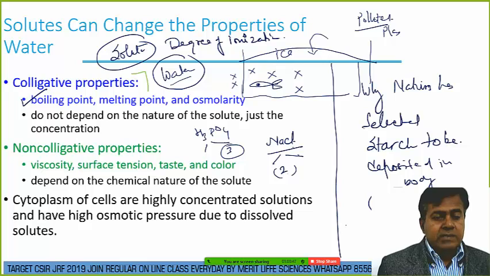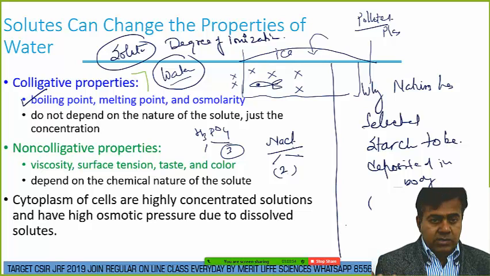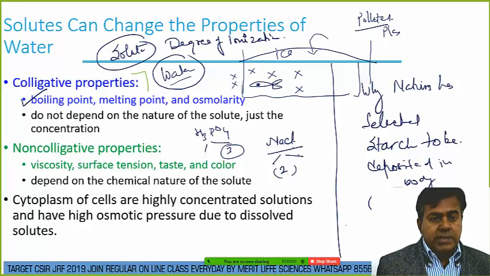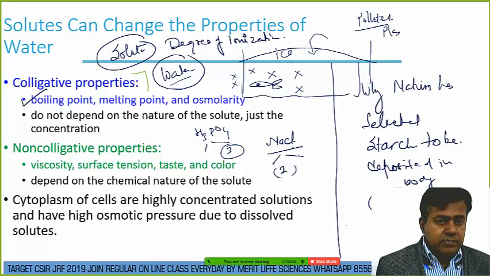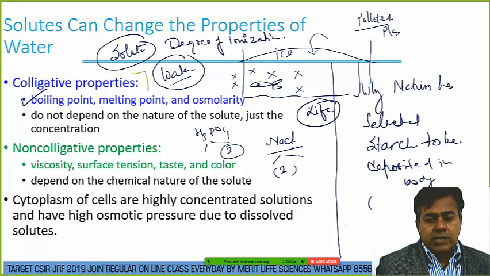For example, taste we cannot calculate, color we cannot calculate, surface tension we cannot predict, viscosity we cannot predict, right? So all we are thinking in terms of one word, that is life.